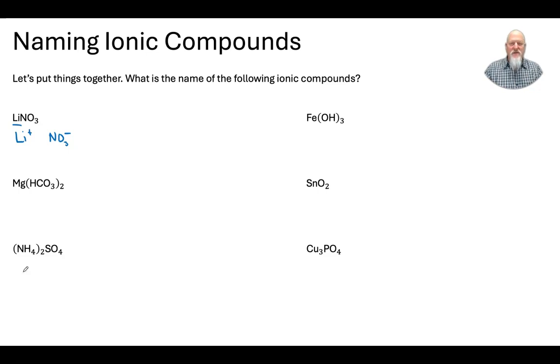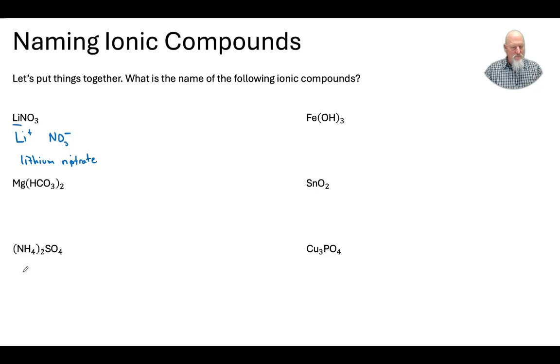So Li plus, it's in the first column, the alkali metals. So Li plus is the lithium ion. So we're just going to put lithium. NO3 minus is nitrate. So LiNO3 is known as lithium nitrate.